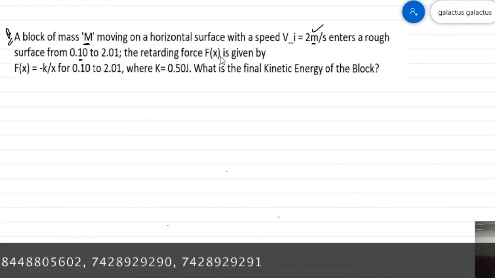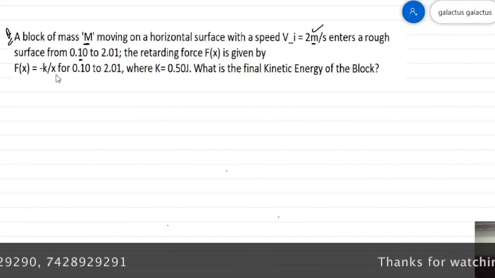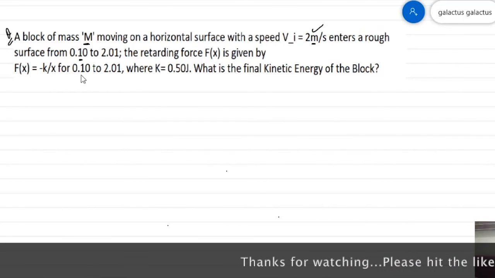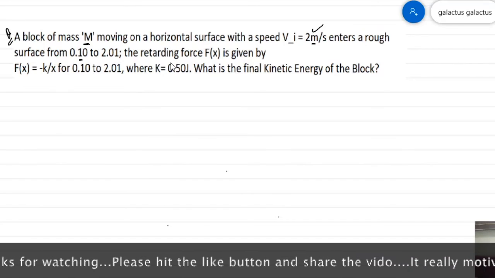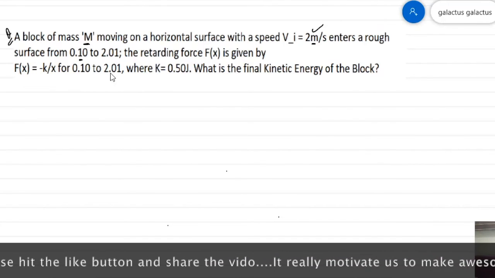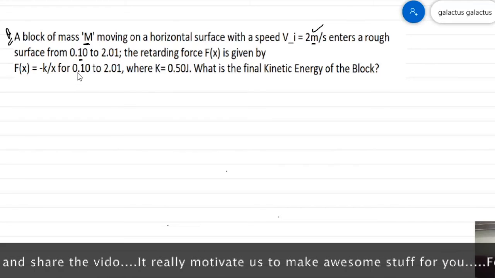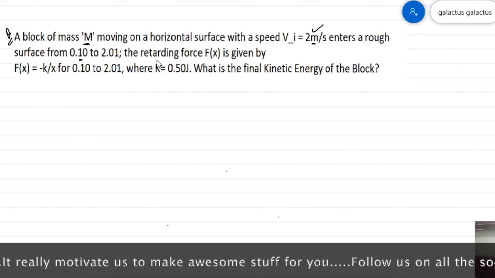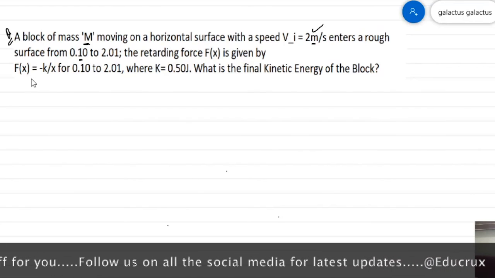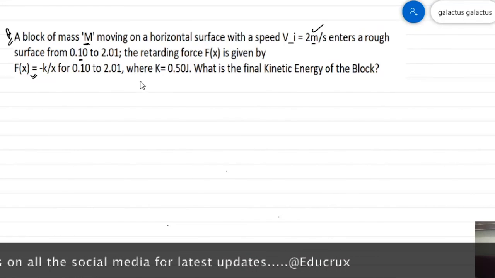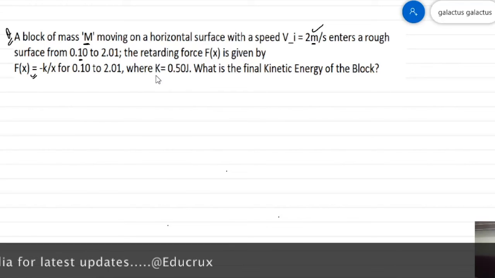When the body encounters the rough surface, its velocity will decrease with the distance, and the retardation during that time is due to this retarding force. We are given the value of the constant, and we have to calculate the kinetic energy of the block. So let us now see what the question is saying.